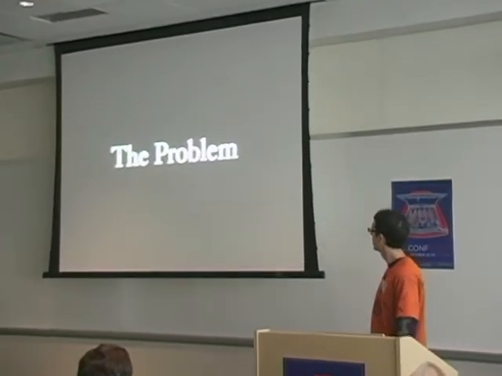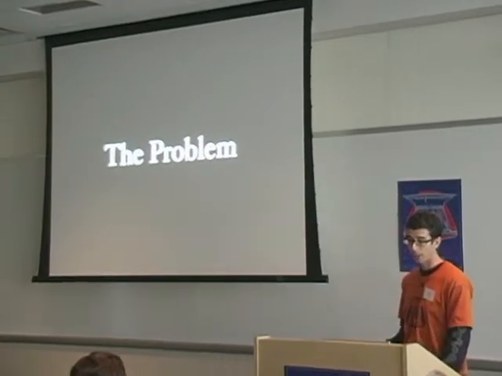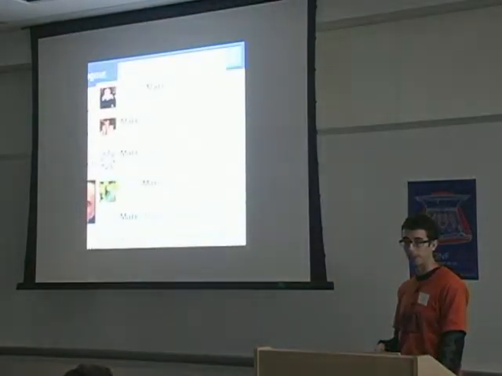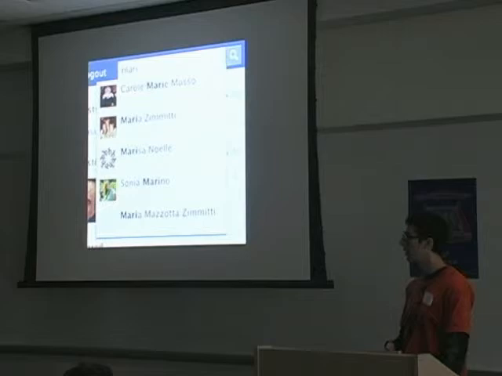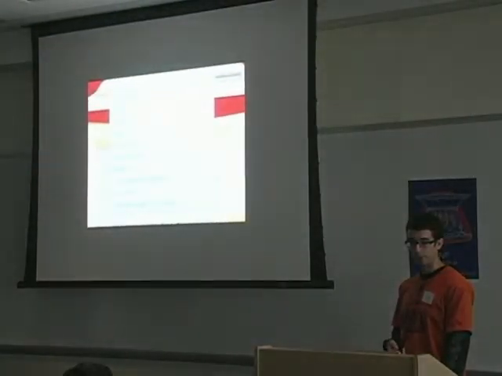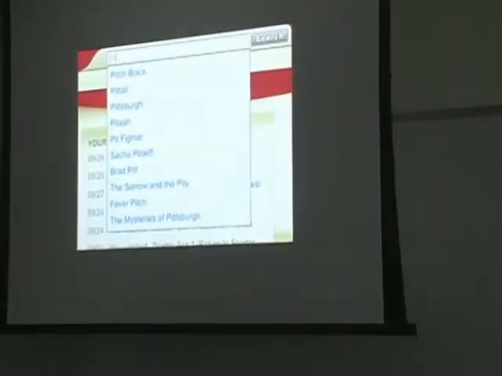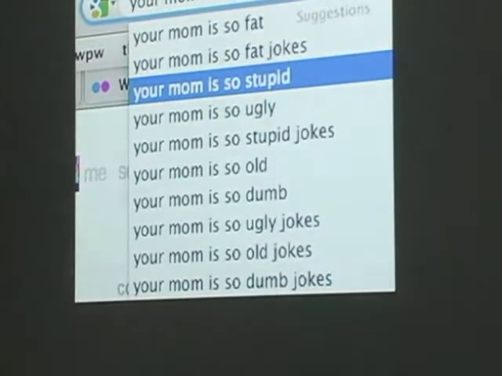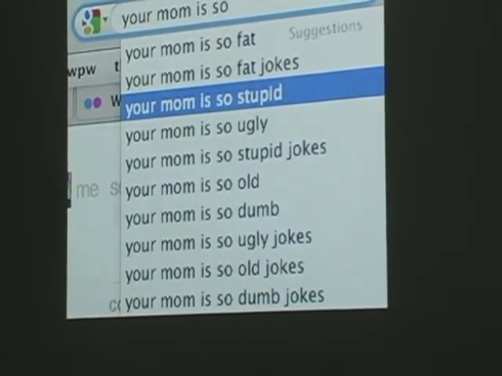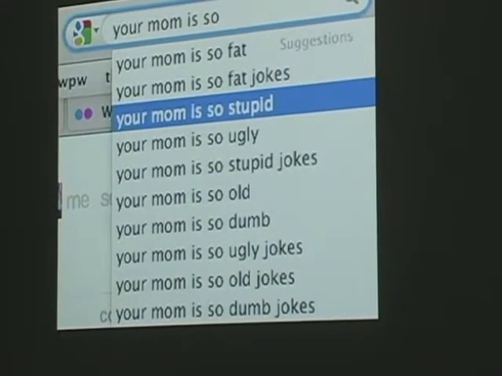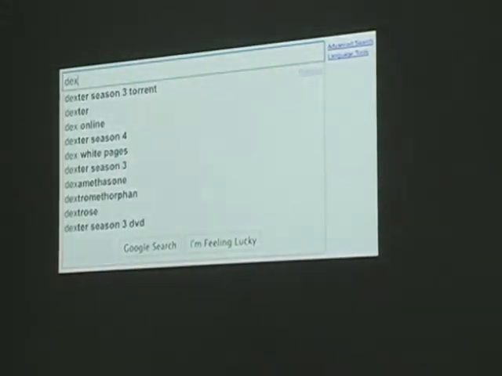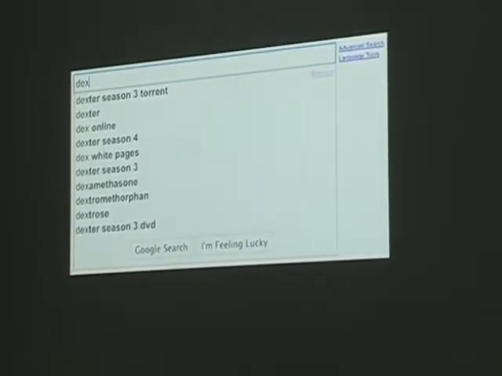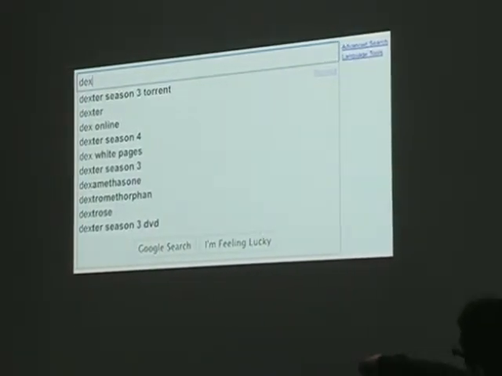So the problem that we're trying to solve here, I think you've probably all seen an autocomplete widget. You probably know more or less what it does. You start typing something, some suggestions show up, and then you pick one, and it either fills in the field or it takes you to another page or something. And what you might not notice is that each one of these is actually really, really different. If you look at this, right here you've got a search button.